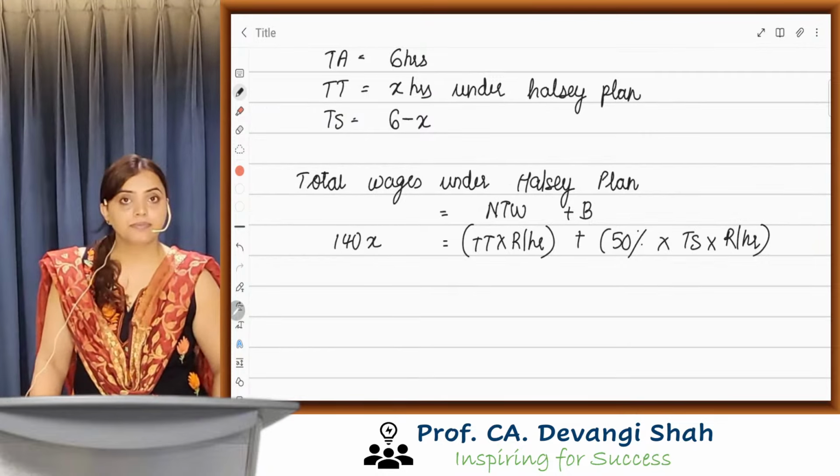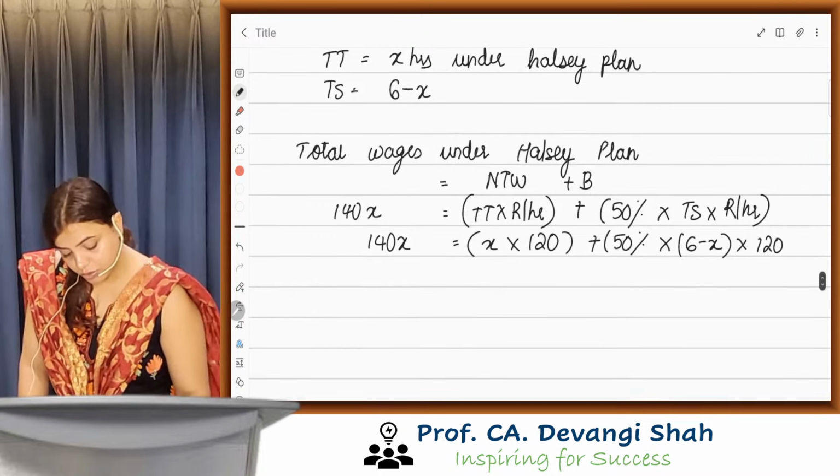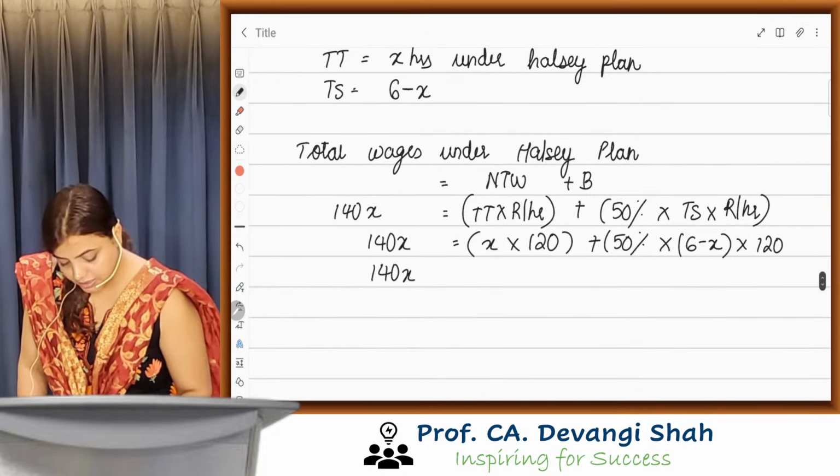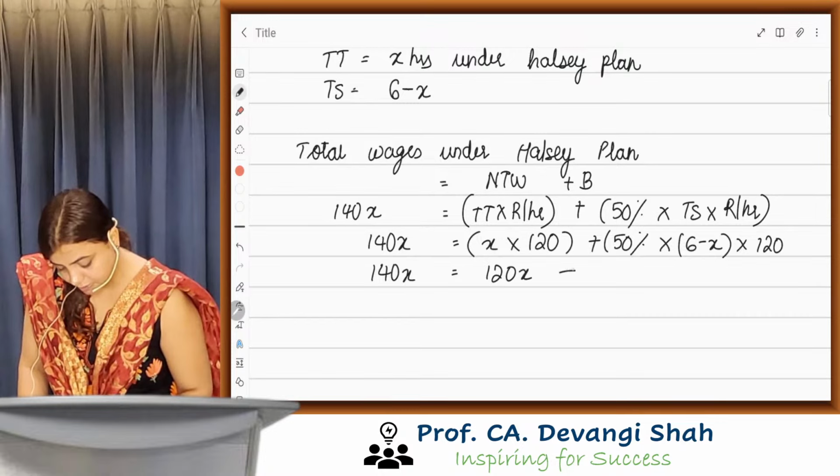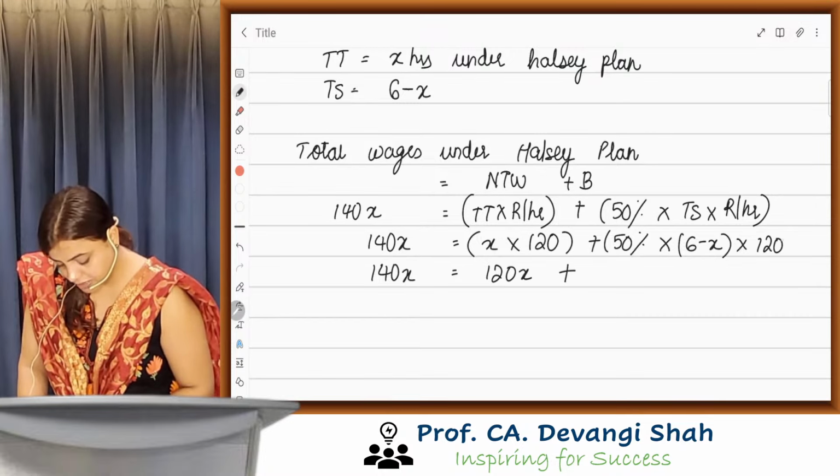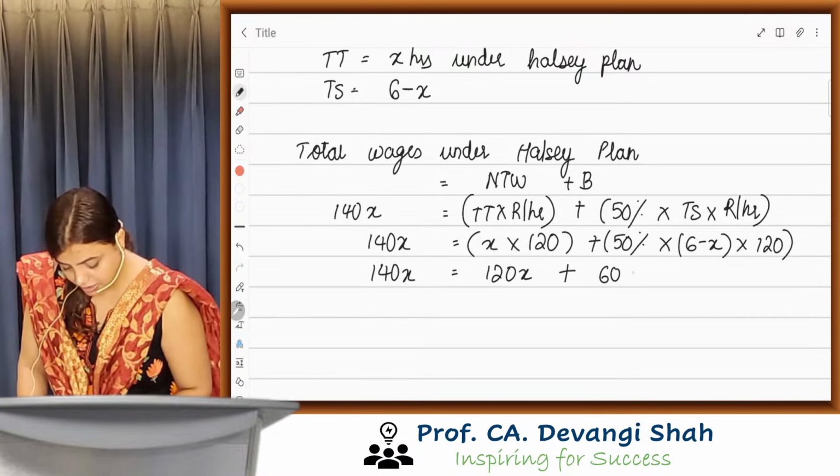Okay, 140x is equal to, what is your time taken? x hours. Normal rate per hour is 120 plus 50% of time saved. Time saved is 6 minus x, and rate per hour is normal rate per hour 120. So what do you get? 140x is equal to 120x plus 50% of 120, we take it 60 into 6 minus x.